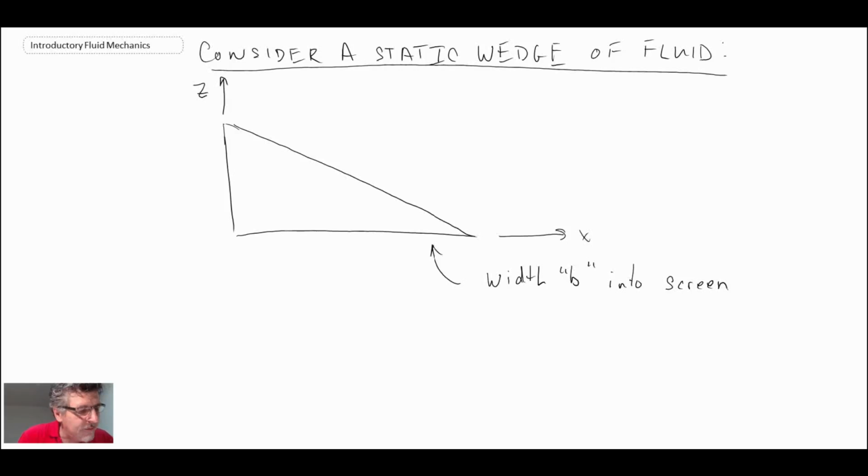Now, this chunk of fluid, the origin will be here. Let's assume that it has some mass, and we'll say the weight is dW because we're going to look at a differential chunk of fluid.